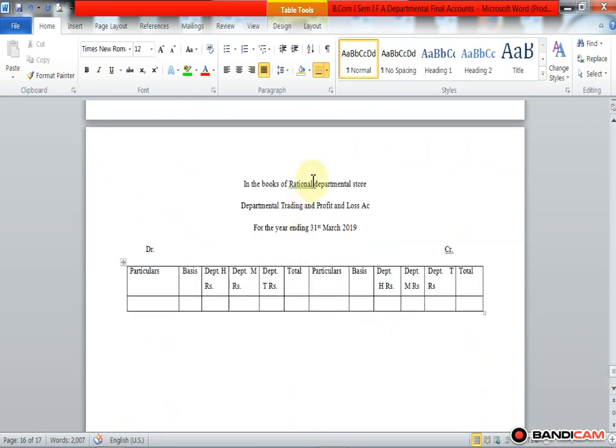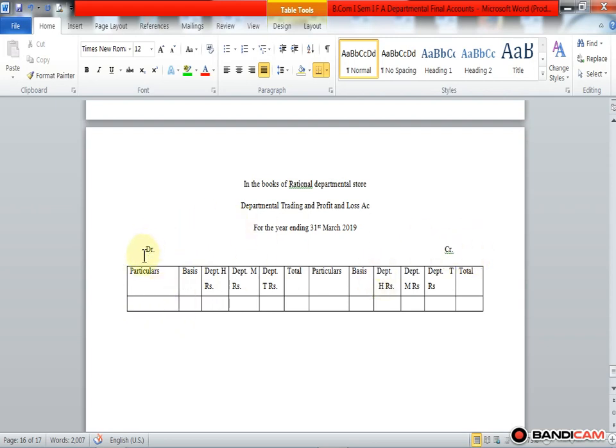Here, in the books of Rational Departmental Store, departmental trading and profit and loss account for the year ending 31st March 2019. Prepare a column according to the departments provided in the problem. So first, debit side and credit side.